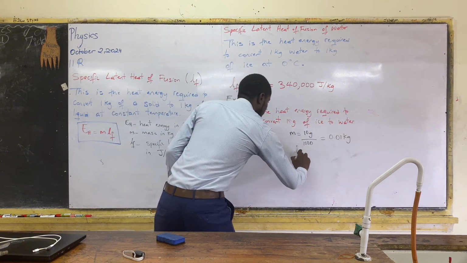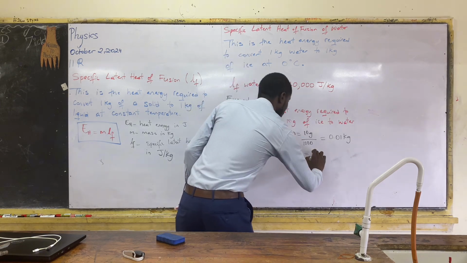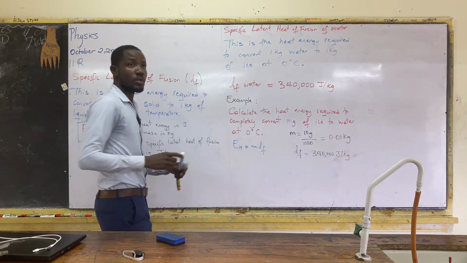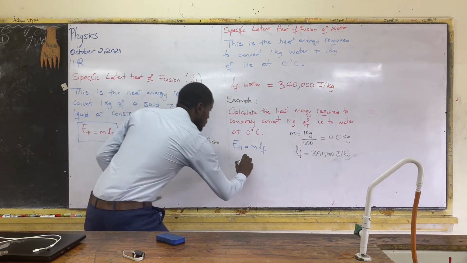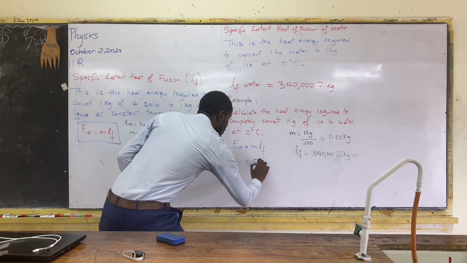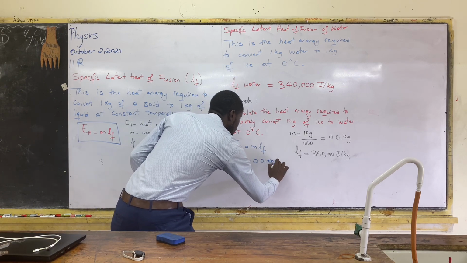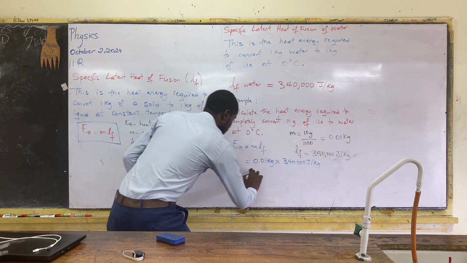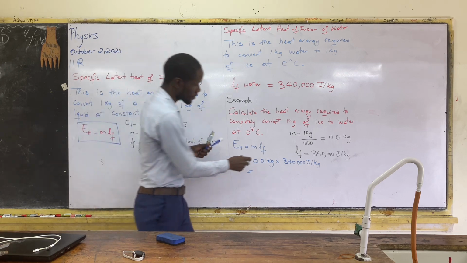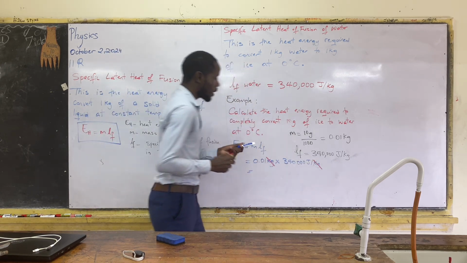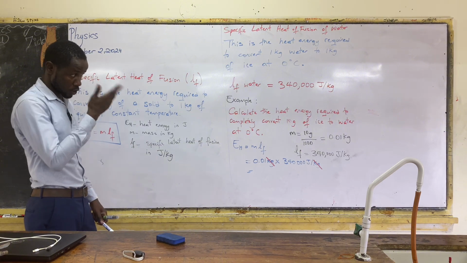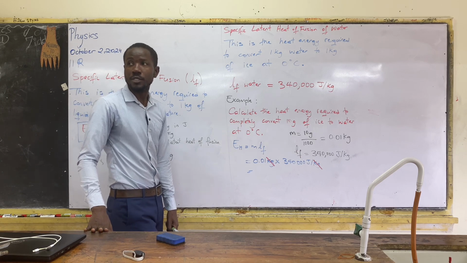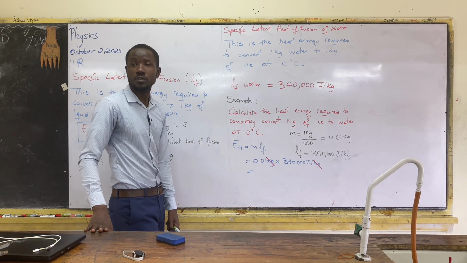And we know that LF for water is always this number, joule per kilogram. So, the mass is 0.01 kilogram times 340,000 joule per kilogram. So the kilograms will cancel off, and we get just joule. When you multiply those out, what do you get? 3,400.